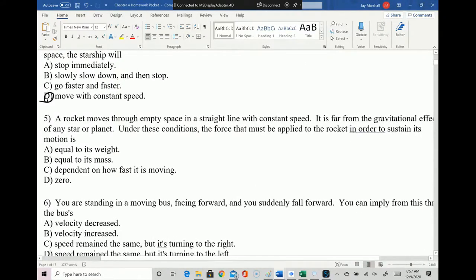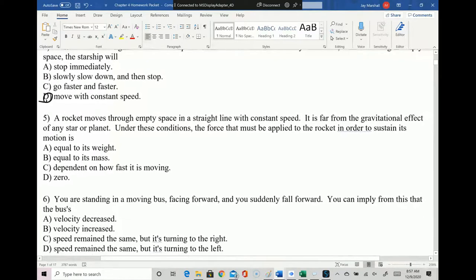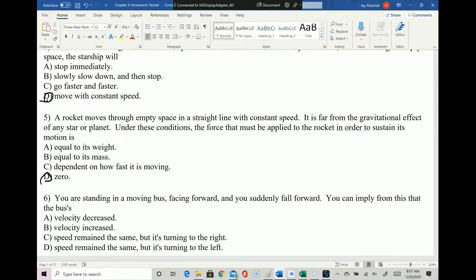A rocket moves through empty space in a straight line with a constant speed. It's far from the gravitational effects of any star or planet. Under these conditions, the force that must be applied to the rocket in order to sustain its motion is zero.